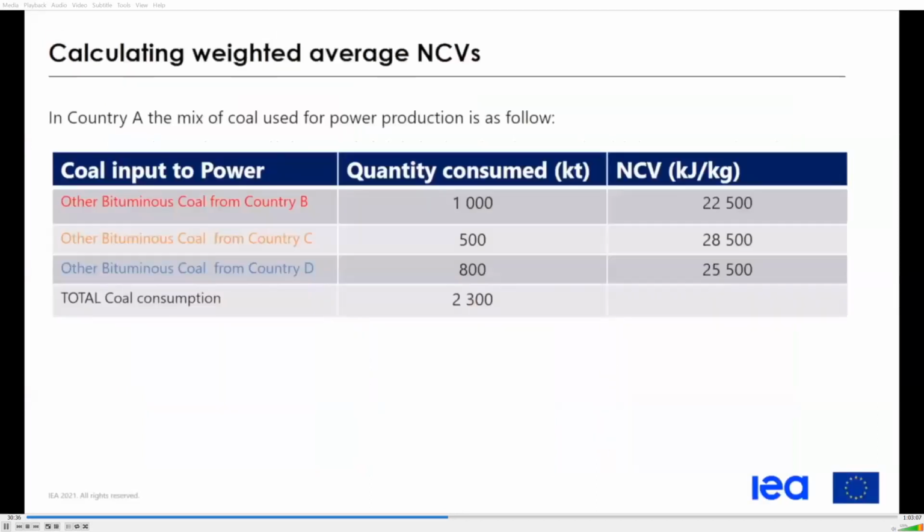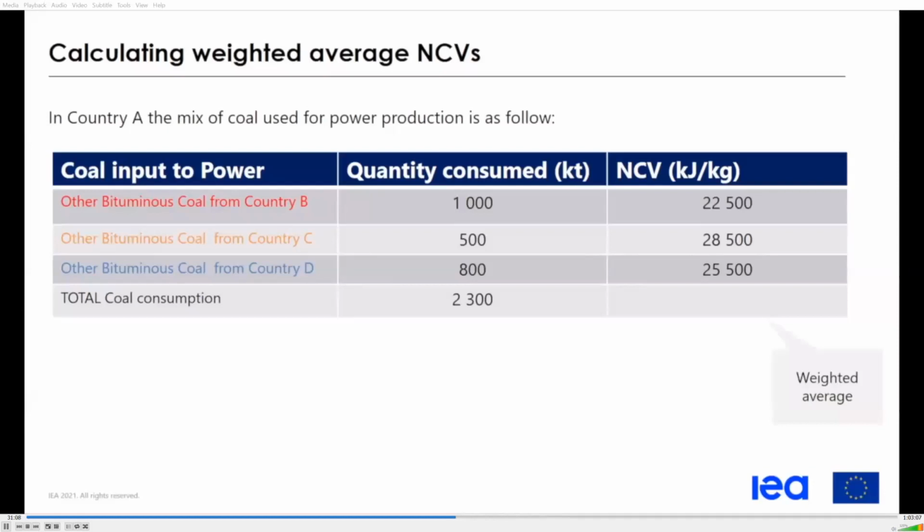As I told you before, the weighted average for calorific values is important to calculate when you are working on coal, because of the real variation you can encounter depending on the source of the coal. So here is a little example of a calculation in a country that uses a mix of coal coming from three other countries.